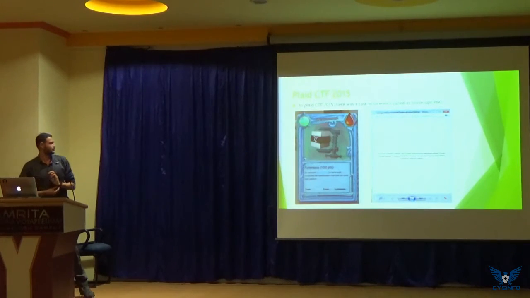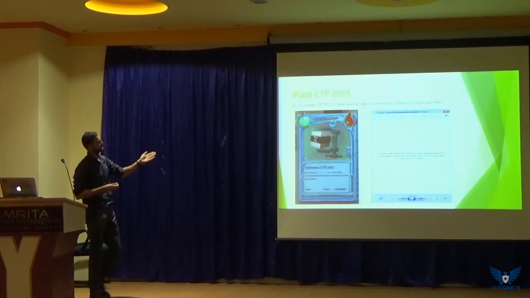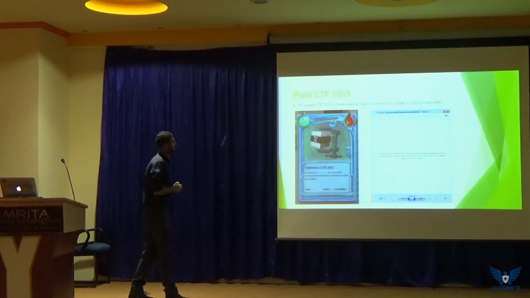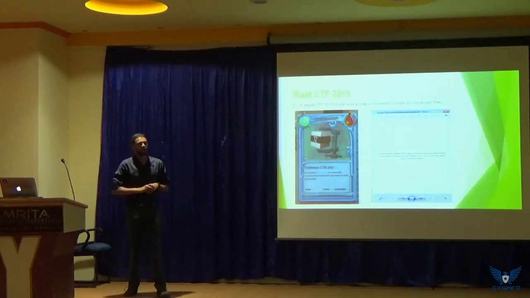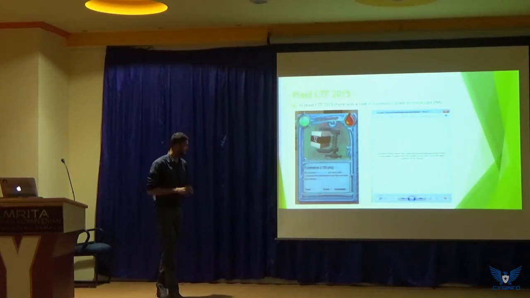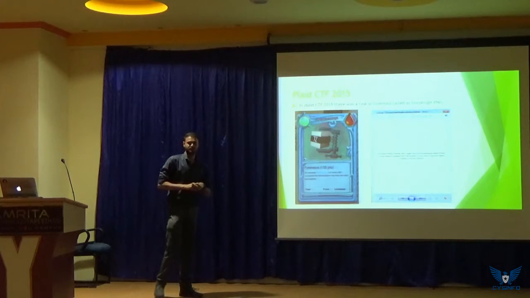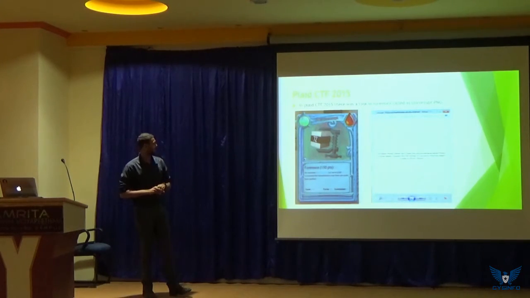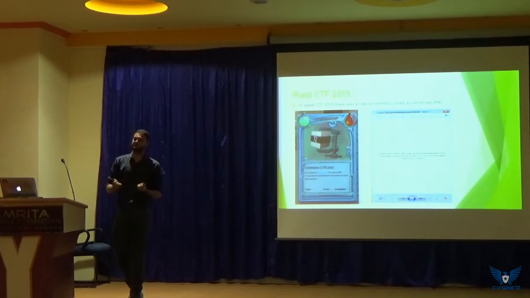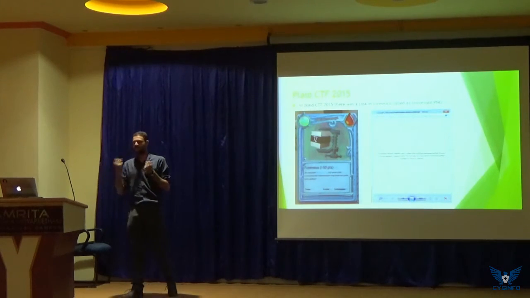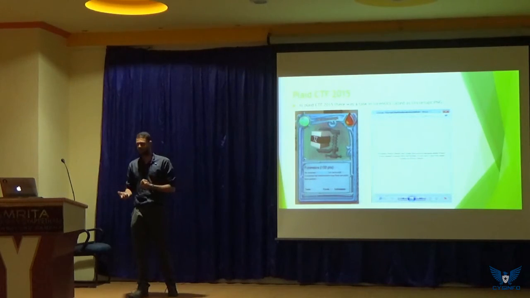So this was the challenge we had in Plaid CTF 2015, when we were studying. We used to play CTFs at that time. When I first saw this question, I was under the impression that it would be simple forensics.